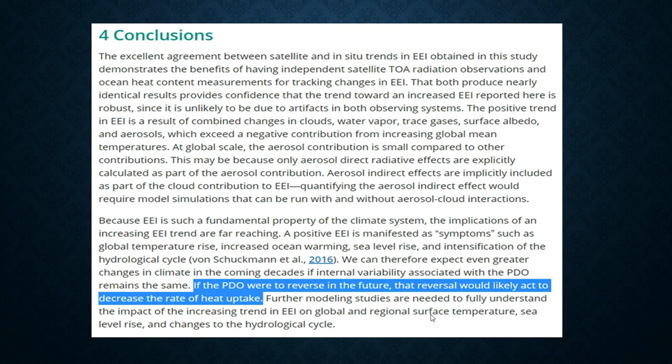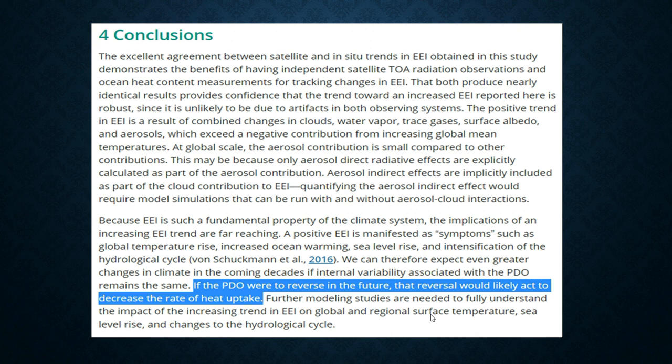Because EEI is such a fundamental property of the climate system, the implications of an increasing EEI trend are far-reaching. A positive EEI is manifested as symptoms such as global temperature rise, increased ocean warming, sea level rise, intensification of the hydrological cycle.